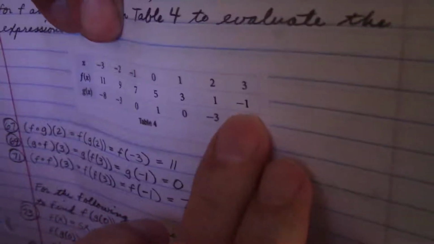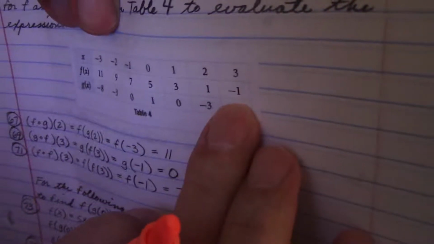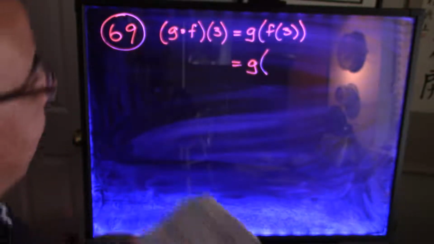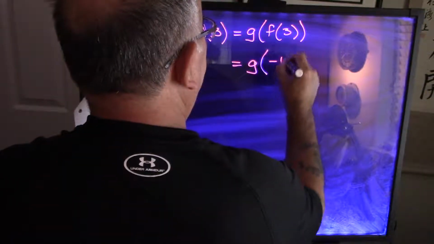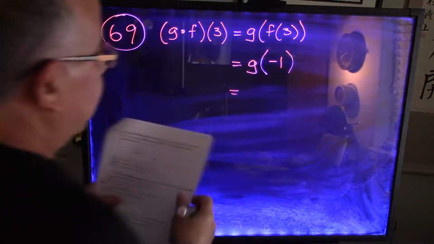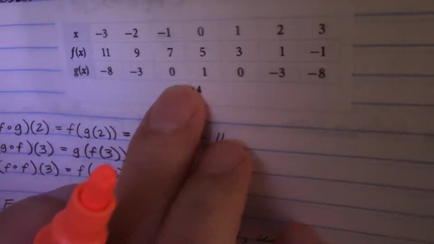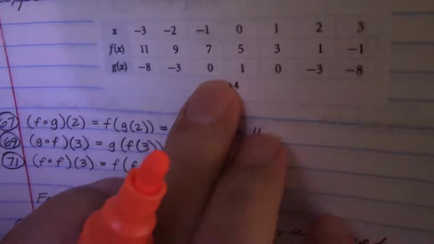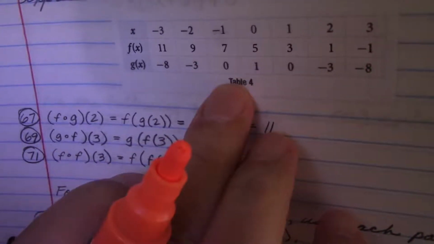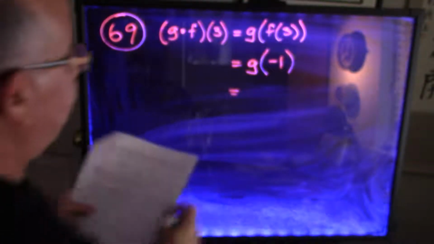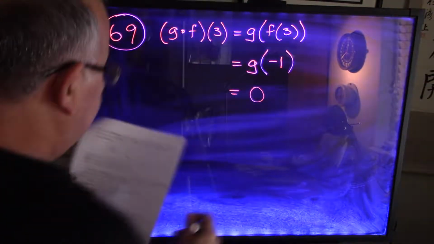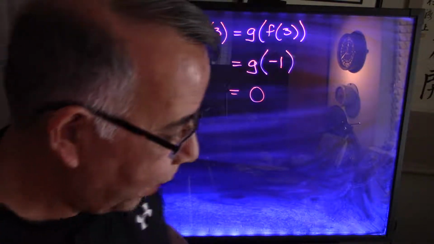F of 3 would be the second row there, negative 1. So that's g of negative 1. And then you find g of negative 1. Okay, so we look for negative 1. There's the x value, negative 1, in the table, and then go down to g. So that's 0. G of negative 1 is 0. So that's your final answer.